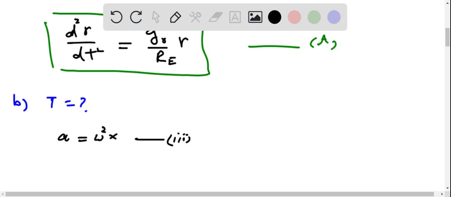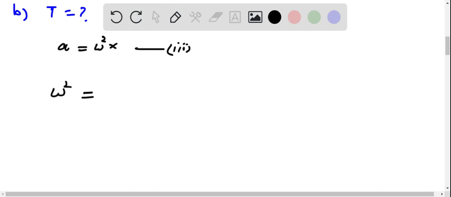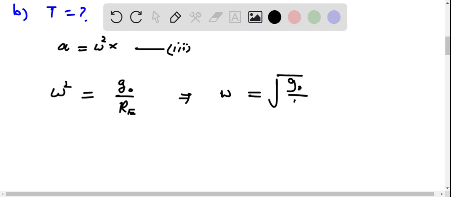Now by comparing equation number A with equation number 3, omega squared should be equal to g naught divided by R_E. So omega equals the square root of g naught divided by R_E.